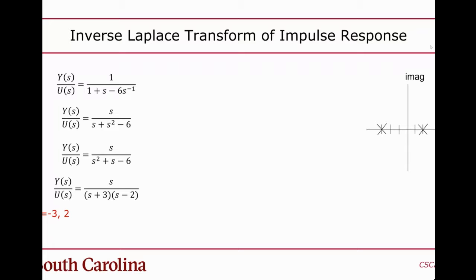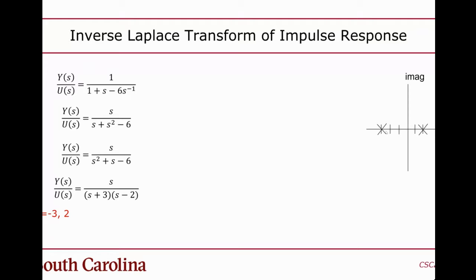But we don't care about zeros for the purpose of this lecture. We only care about the poles, because the poles are going to tell us about stability. So in this case, we have a pole at -3, which is in the left-hand plane, on the left side of the vertical axis, and then the pole at 2 is on the right-hand side plane.